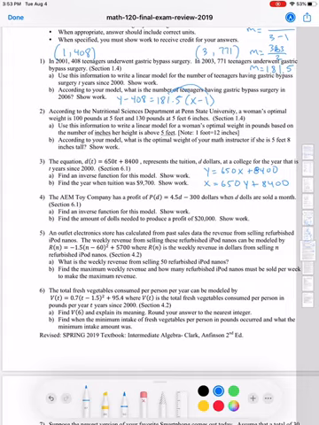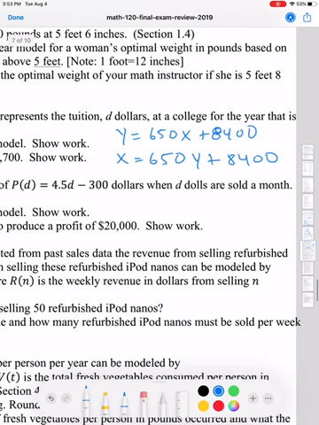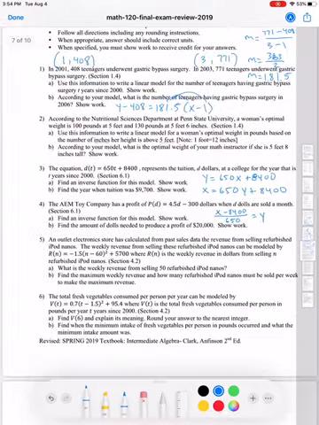Okay, so I'm going to do this in one step, guys, because I don't have too much space. And so I'm going to first subtract 8400 to the other side and then divide by 650. That leaves me with y by itself. So this is your inverse.